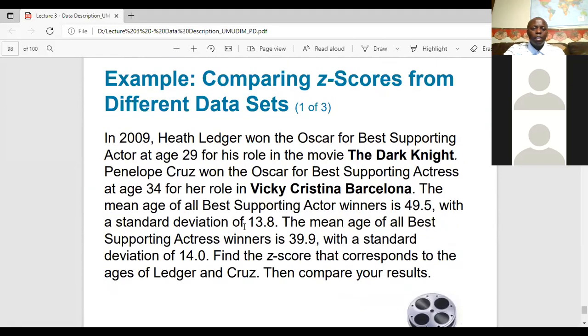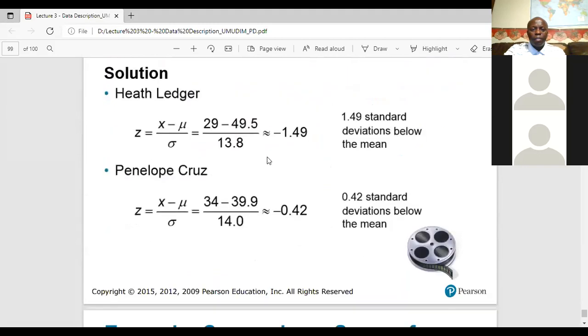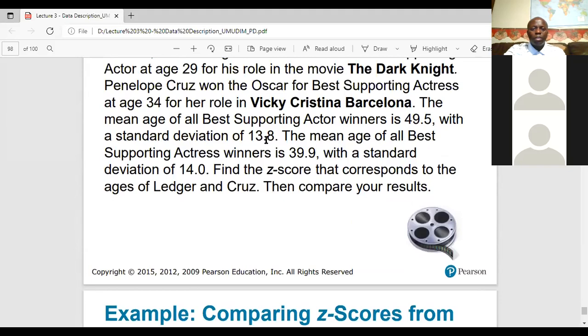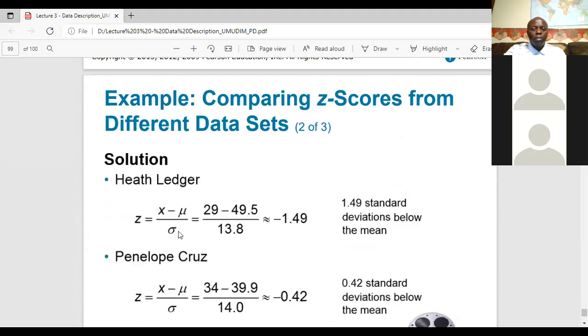And for men, the mean was 49.5, so you put it right here for the mu. And the standard deviation was 13.8, so you put 13.8. Then you work this out on the calculator.